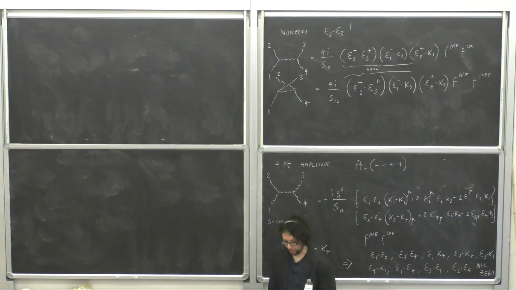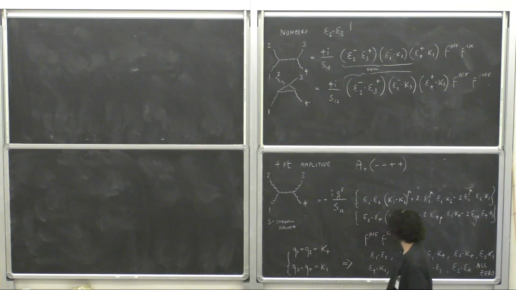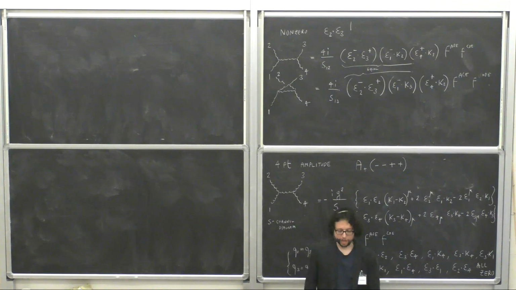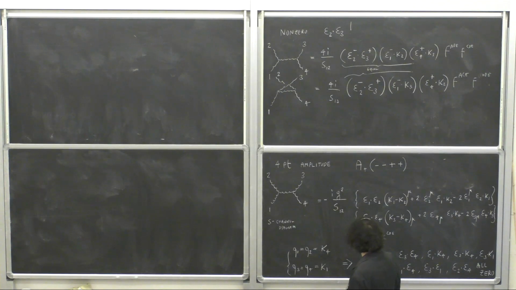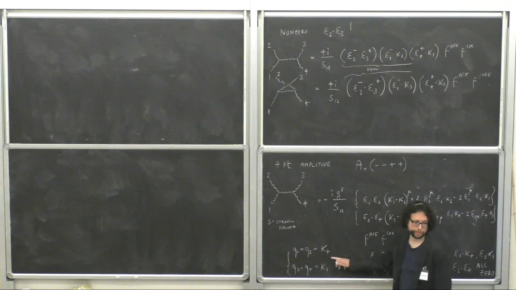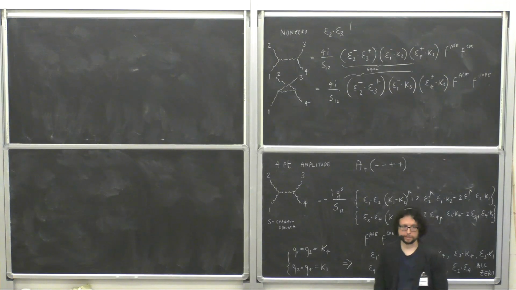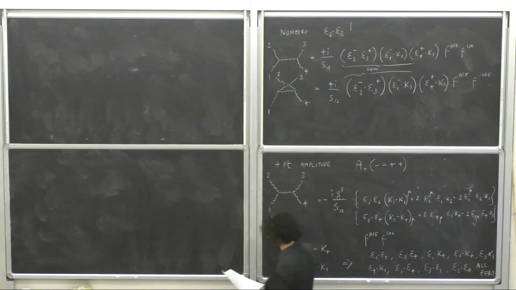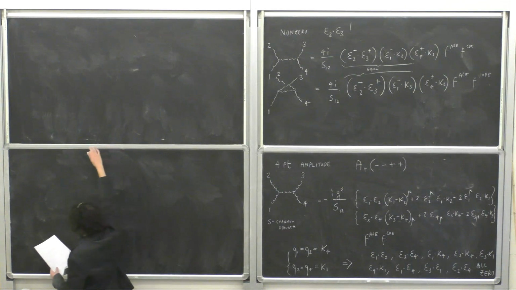At this point, I hope that everybody believes that I can just do a gauge transformation, and whichever polarization I'm given, I can send it into a configuration for which these are the correct reference momenta. Okay. Very good. So then let us continue.